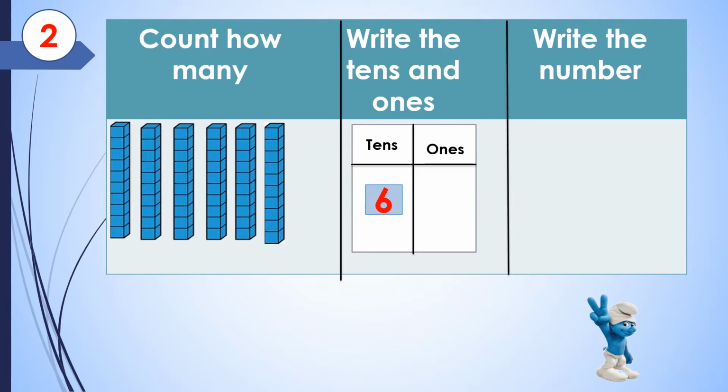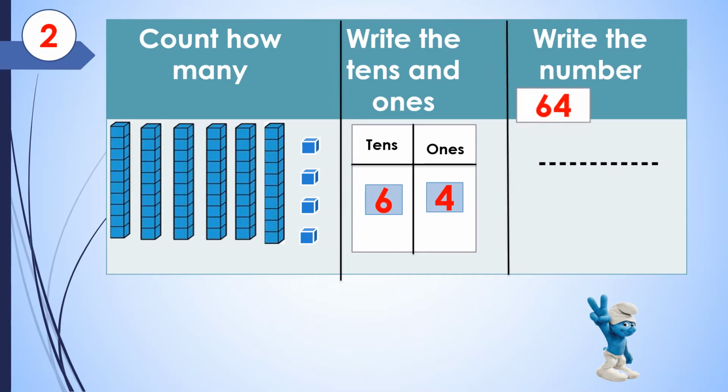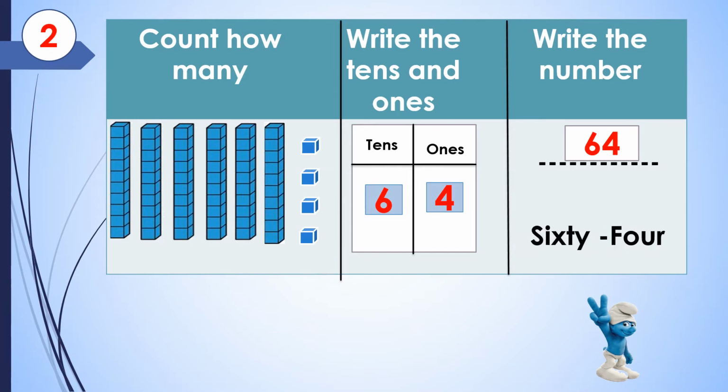Let's see how many ones are there. 1, 2, 3, 4. How many ones are there? 4. So how do we read this number? We read it as 64. And we write it in words 64.